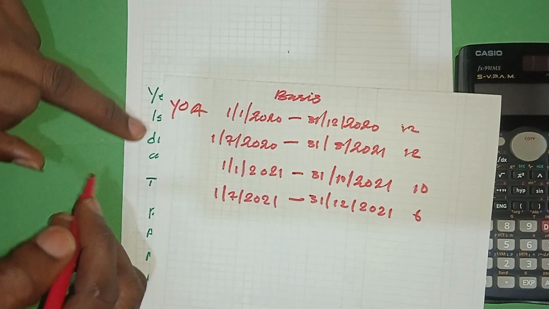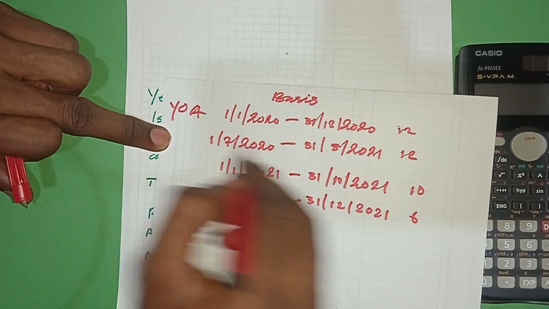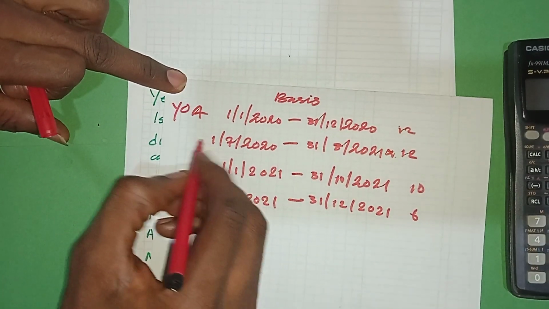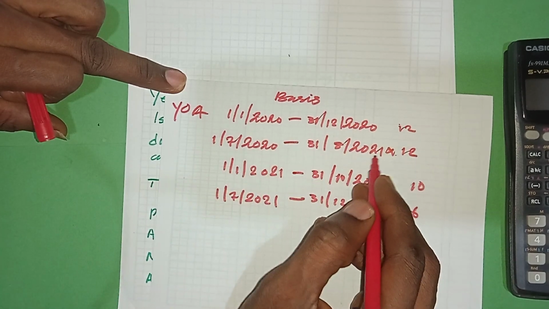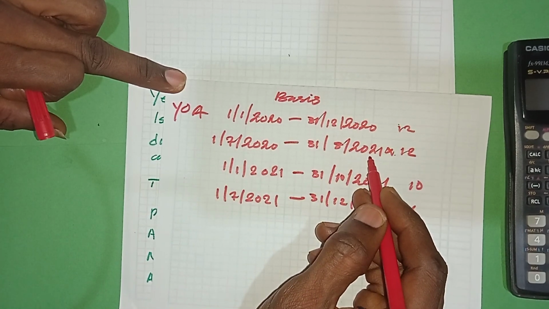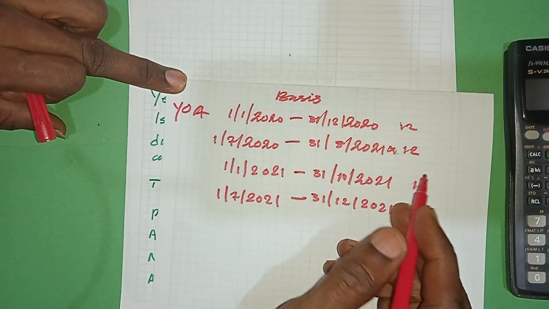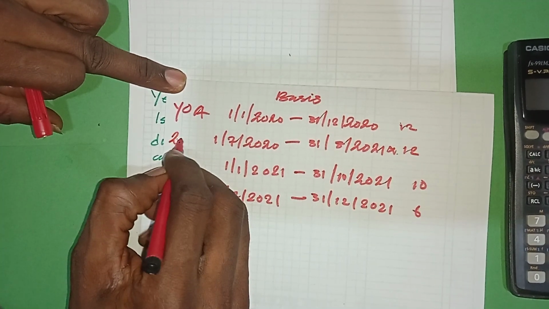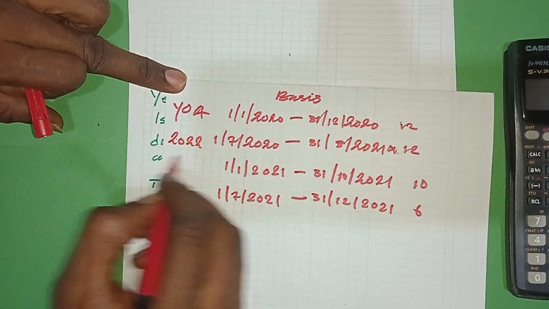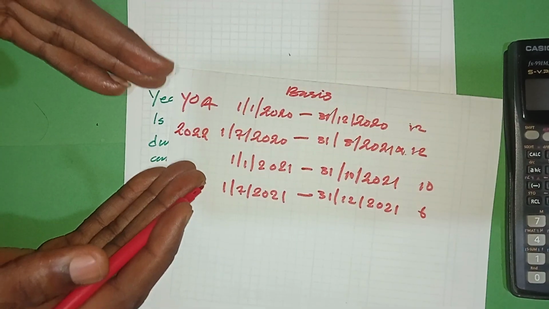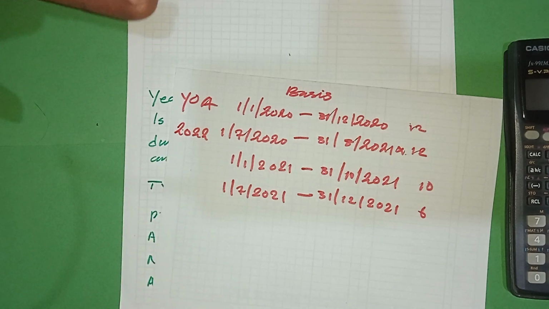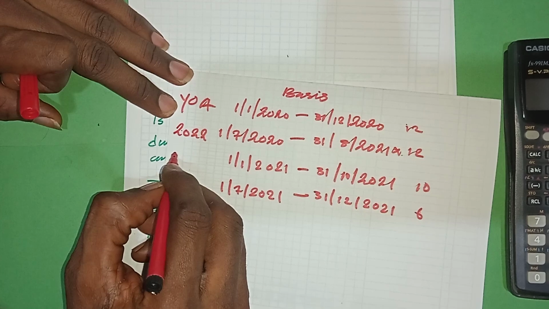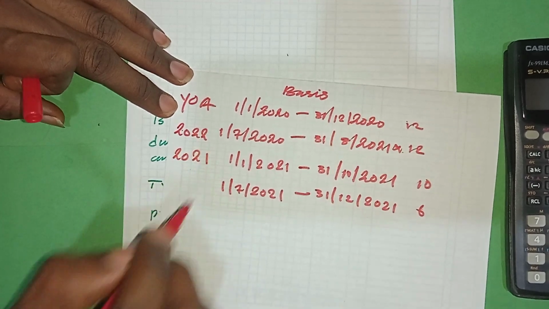Now, let's take this as an example. This one will be 2021. It ended August 2021. The year of assessment can be 2022. The reason here is that you are using preceding year basis. We'll come to that. Here, year of assessment can also be what? 2021.